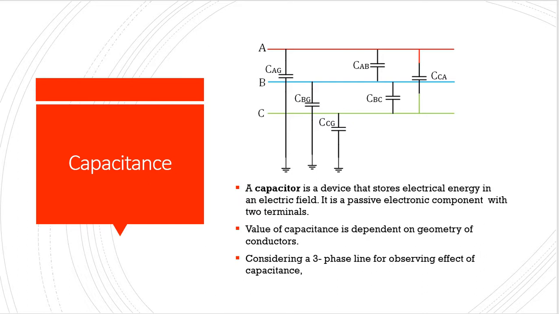Basically, the capacitor is a structure in which two conductors are separated by using an insulator in between them, right? If the two conductors are separated by using an insulator, then we can call them a capacitor.